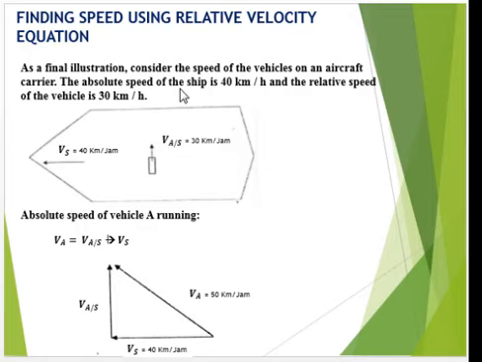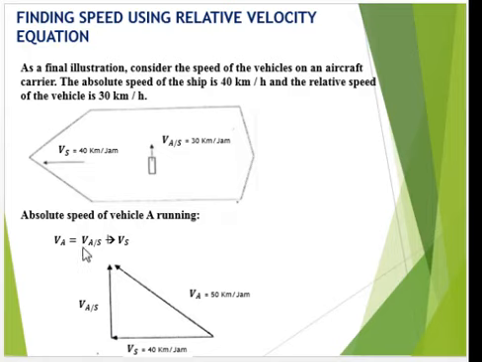The absolute speed of the ship is 40 km per hour, and the relative speed of the vehicle is 30 km per hour. This is the speed of the ship, and this is the speed of the vehicle relative to the ship.